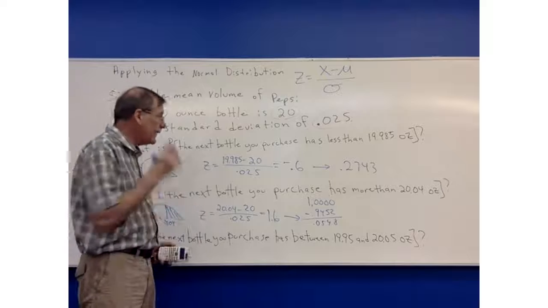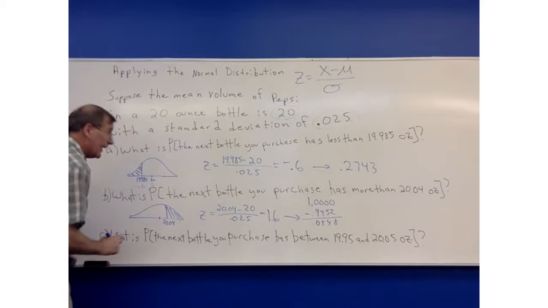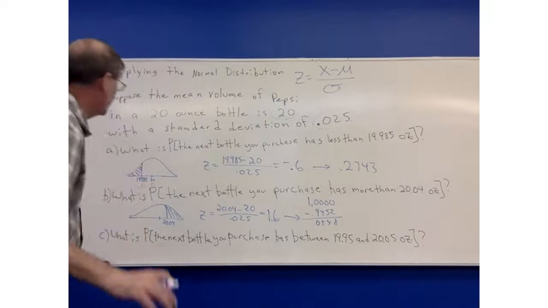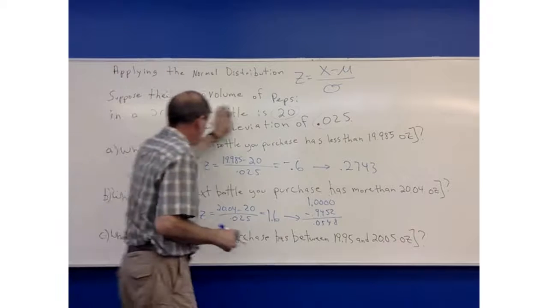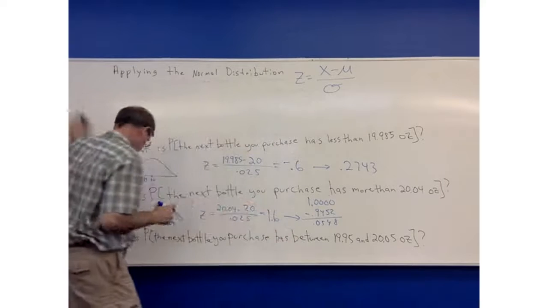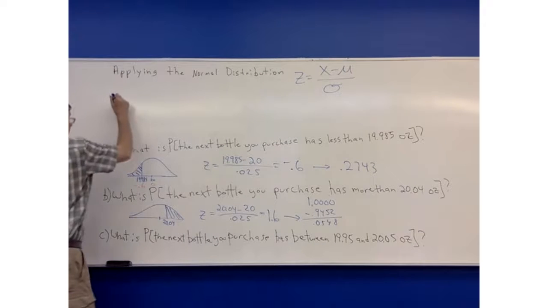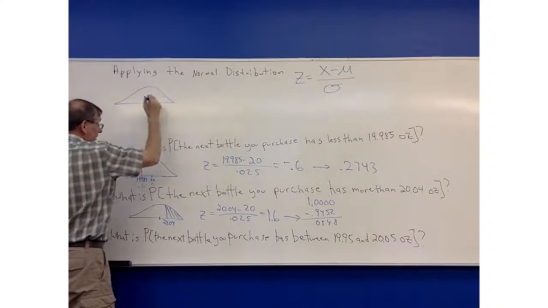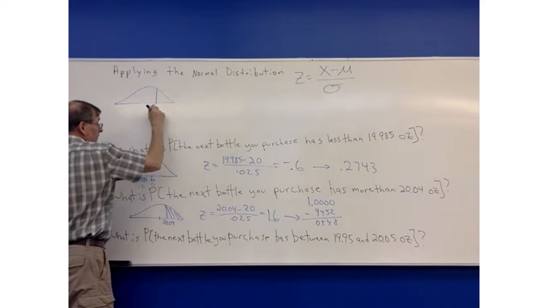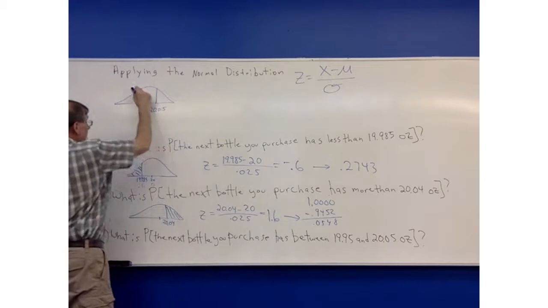Now, I'm out of room here. I need more room, so I'm going to free myself some room. Okay, I'm going to work the problem up here. So we have a curve. Upper boundary was 20.05. The lower boundary was 19.95.